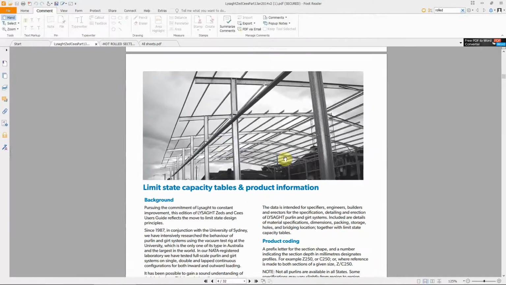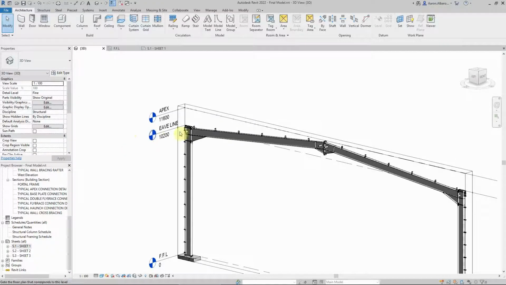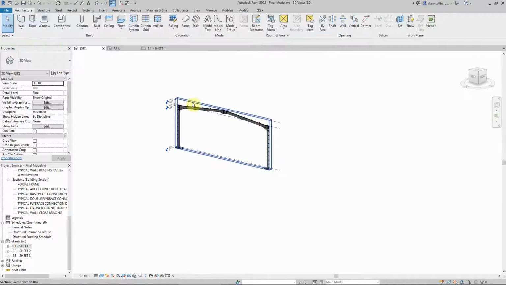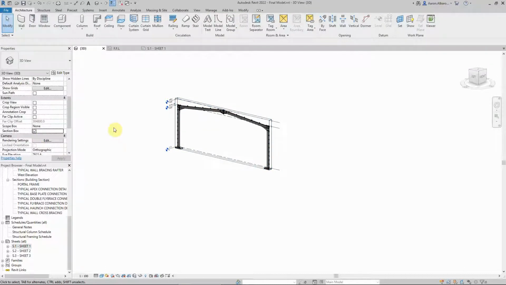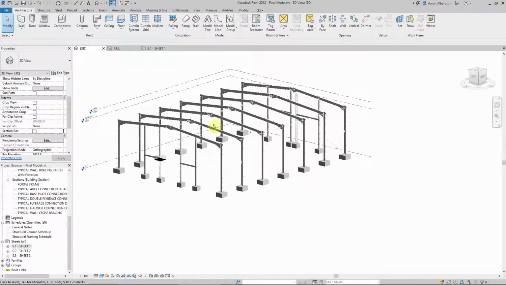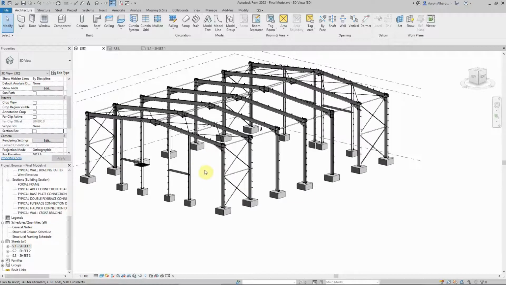Right, going back here. These are very commonly used, usually as secondary members. When I'm saying secondary members, let's go back to our frame here. I'm showing you the entire structure. This is the main structural components, and most of them are hot rolled steel, thick steel.